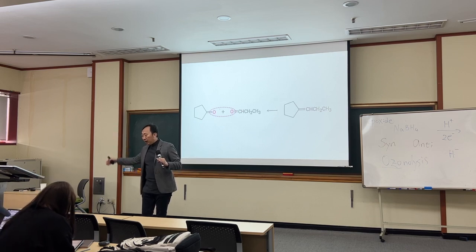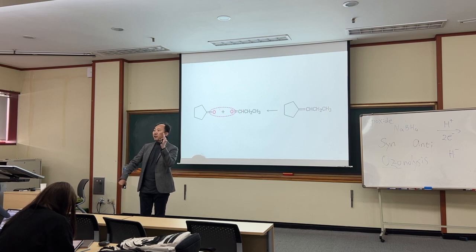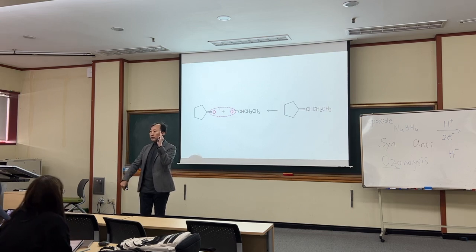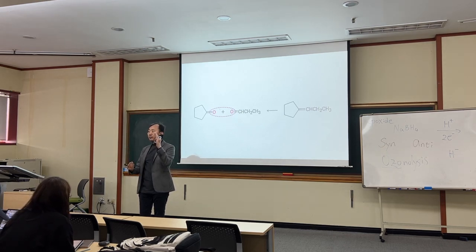Then behind, Br can attack, giving Br trans, or water can attack, giving Br and OH. Similar situation. Okay? If it's just acid and then water, then the acid is captured and one water molecule attacks: hydration. So that's what we learned first.